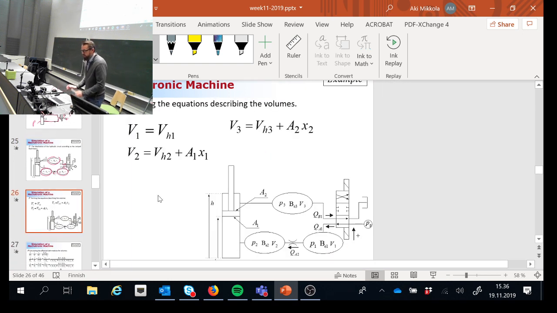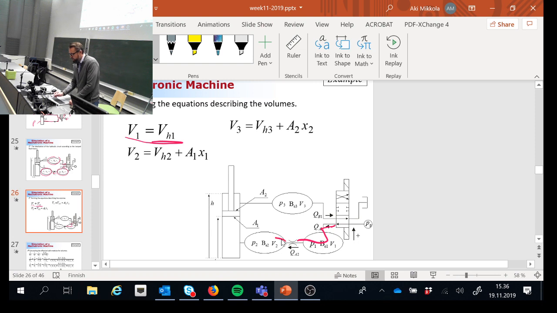Now, how can I compute the differential equations? Step number 2 is not the differential equation, but forming the equations describing the volumes. The first volume is not a variable volume, it's just the hose volume, nothing else.